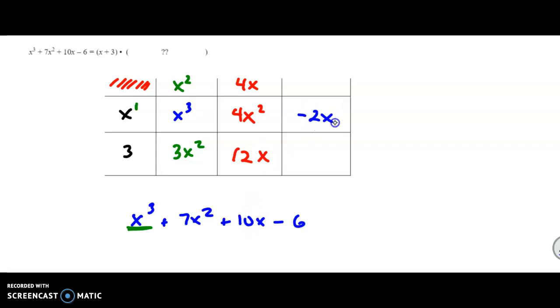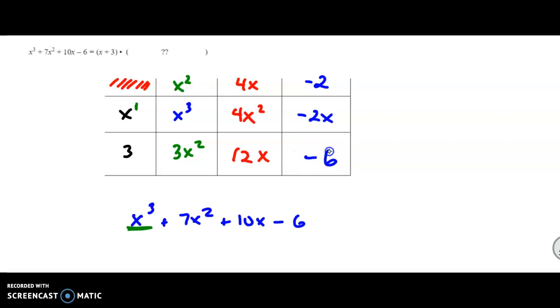So now that this is negative 2x, we're thinking x times what is negative 2x? That's got to be just negative 2. And we know that it works out because look at our last term. That's got to be negative 6, right? So negative 2 times the 3 gives us a negative 6.